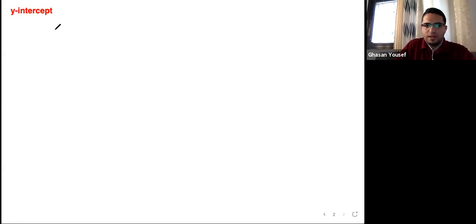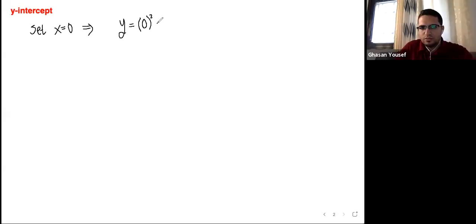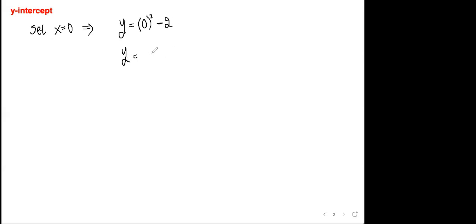So set x equals 0, then we solve it for y. So here y equals what, Shop? 0 squared minus 2, right? Okay, then what do I get? You just get y equals minus 2. This is correct.